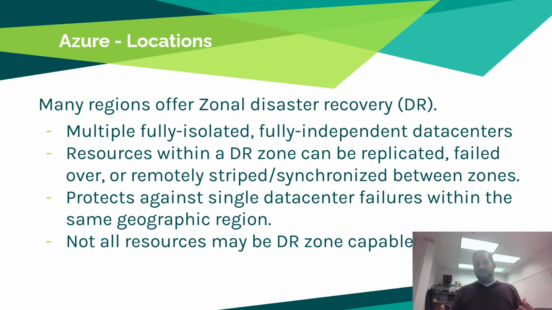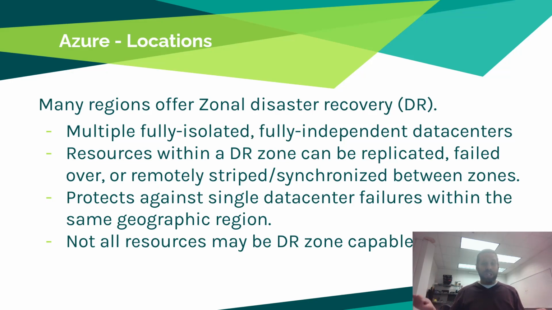However, not necessarily all resources that you can do in Azure are able to be auto failed over between the zones. So you do have to keep in mind, what resource do I have? Can I auto fail this over? And then second of all, do I want to? And this is also something that is a paid feature. If I want to have this auto replicating stuff, if I want automatically replicating 24/7 between zones in this disaster recovery zone, I'm going to pay for that.